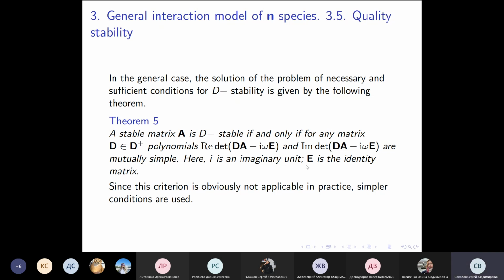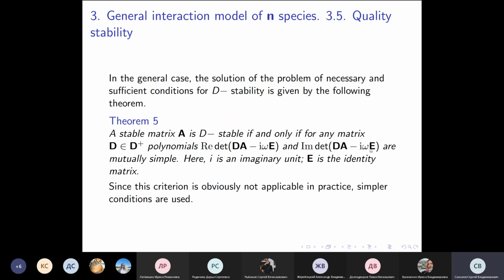Maybe I should better use I for the identity matrix. Well, it is extremely complicated and practically impossible to use. I don't think one can use it even for simple matrices. So it's just an algebraic theoretical result.